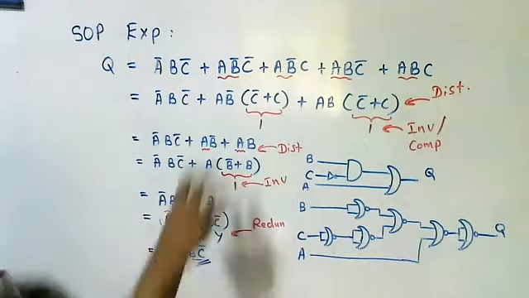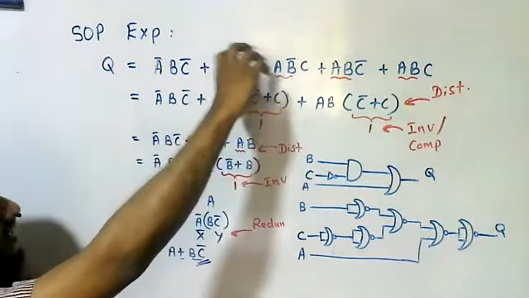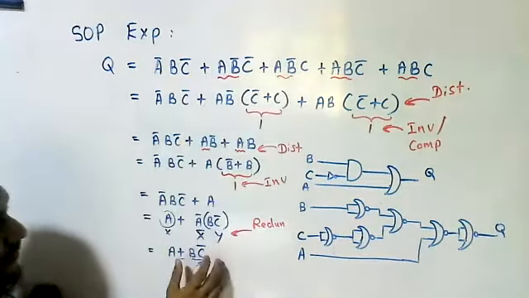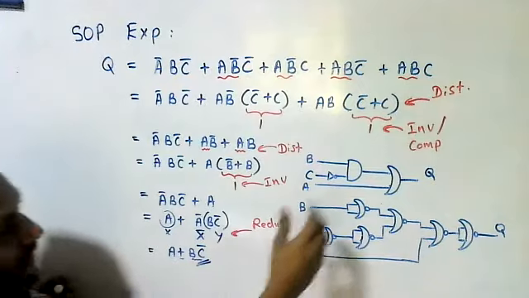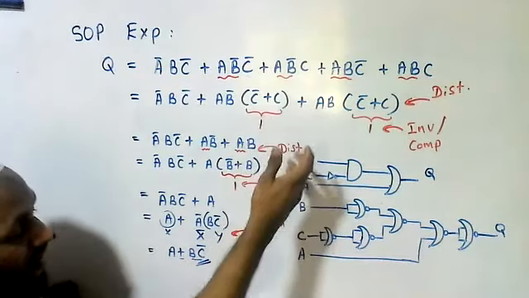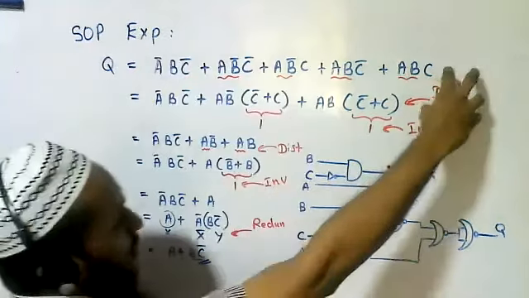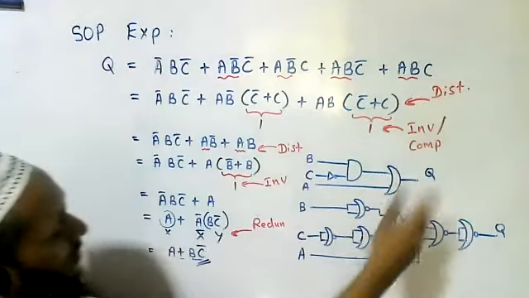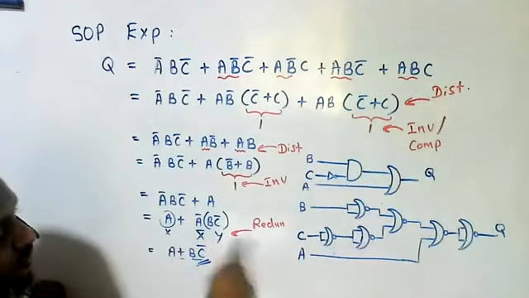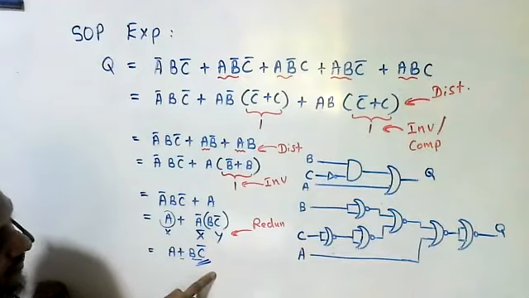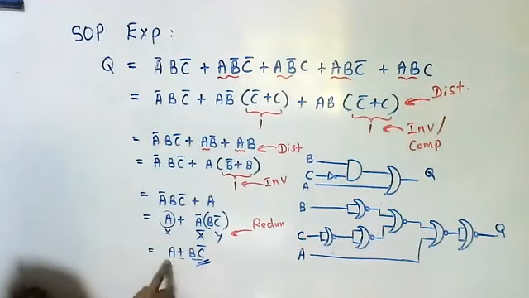So first of all, we simplified the SOP expression using Boolean algebra laws. Most probably while we are simplifying SOP or POS expressions, distributive law and inverse law are used. And here redundancy law we also used. The final expression is A OR B AND C bar.